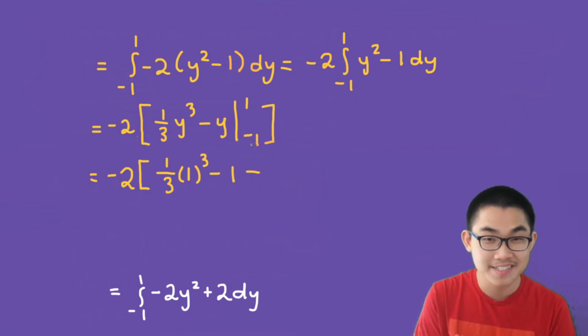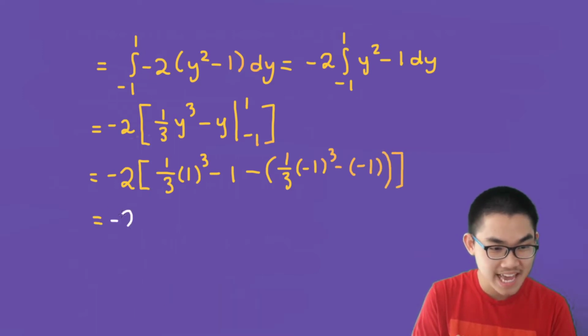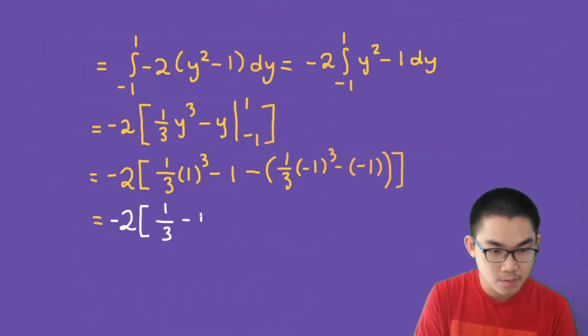And we have to minus the lower bound, don't forget. So this is 1 over 3 times negative 1 to the power of 3 minus negative 1. That is going to be the same as negative 2 times 1 over 3 minus 1 minus negative 1 over 3 plus 1.